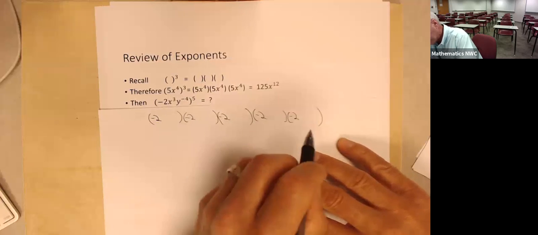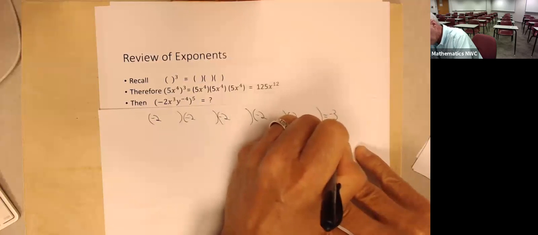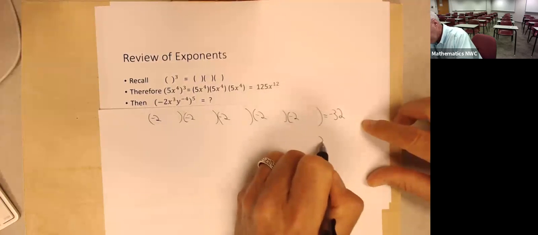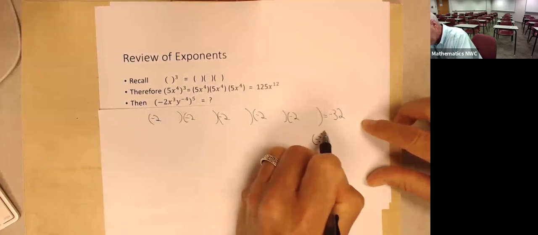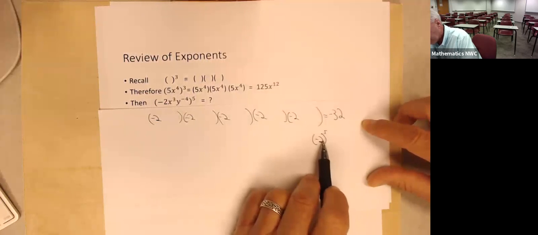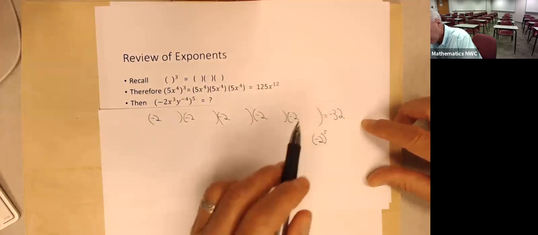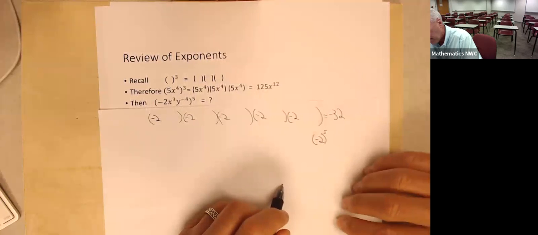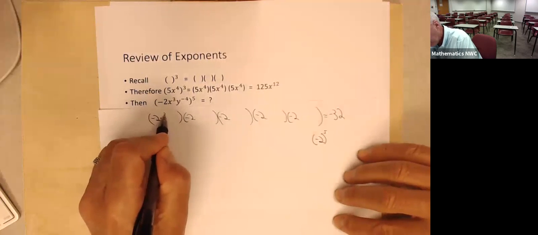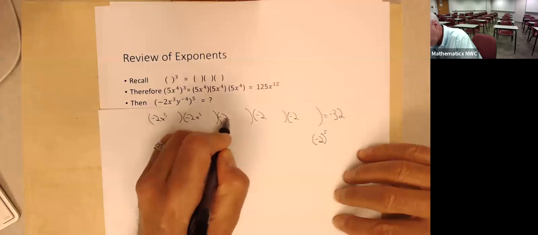Times a -2 is a -32. Notice that that really is the -2 raised to the 5th power. -2 raised to the 5th power means -2 times -2 times -2 5 times, giving you the -32. Technically, I've got x to the 3rd in every one of these.